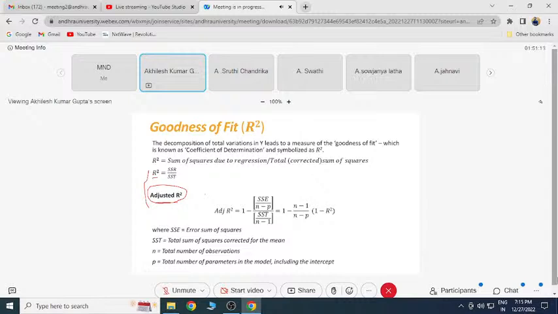If you add some variable which is not contributing significantly to your model, then it will penalize you, and it will indicate that this variable is not good to be included in the model. That's how R square and adjusted R square work.